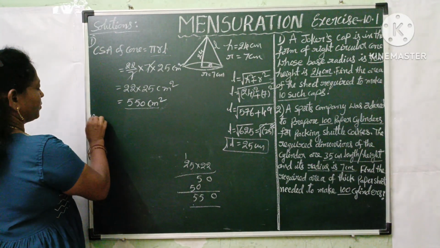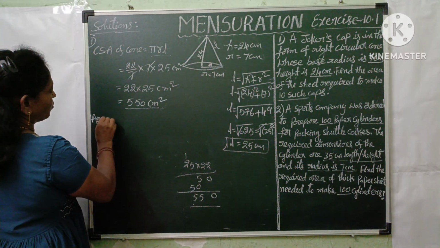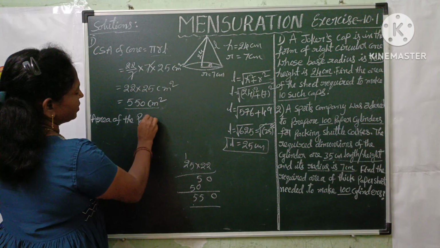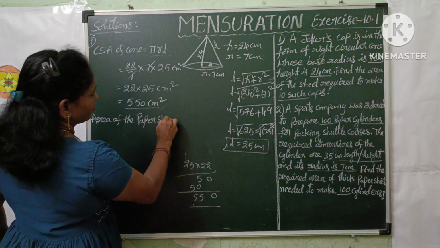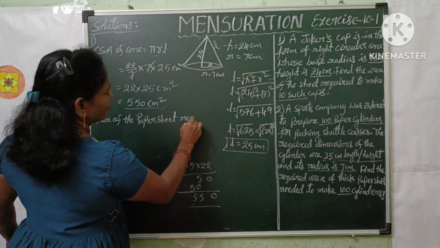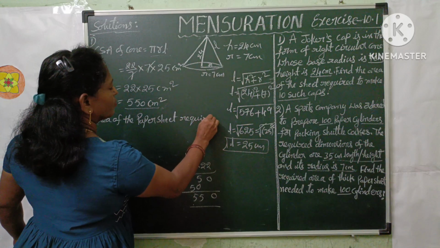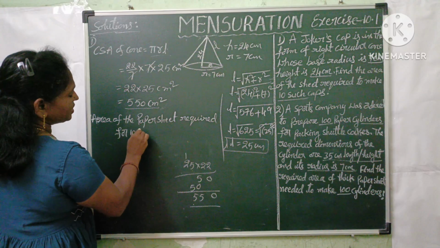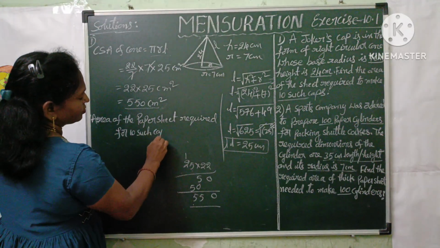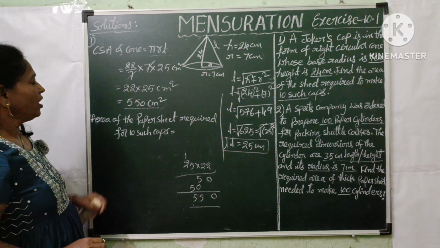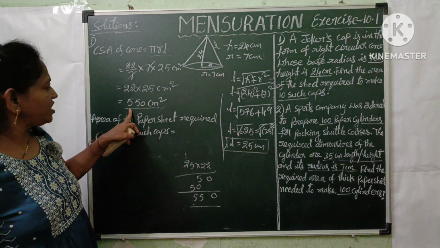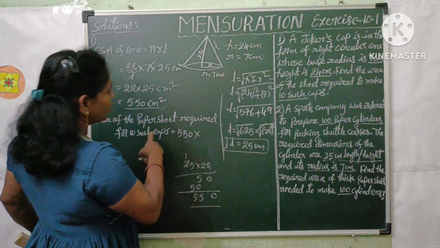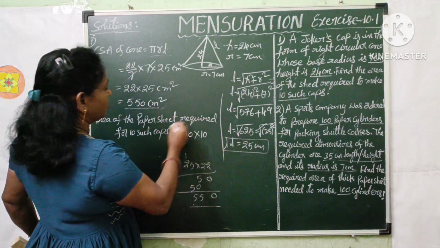So the area of the paper sheet required for 10 such caps equal to, here one cap, how much sheet is required? 550 centimeter square into how many caps? 10 caps.